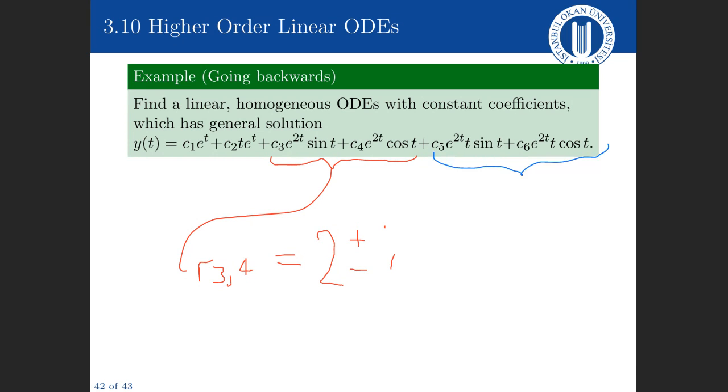And then look at the last two terms. C5 e to the power 2t t sine t plus C6 e to the power 2t t cos t. From this we find R5 and R6 again must be 2 plus or minus i.